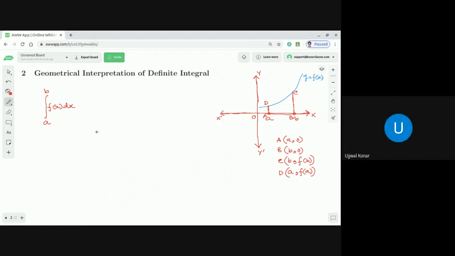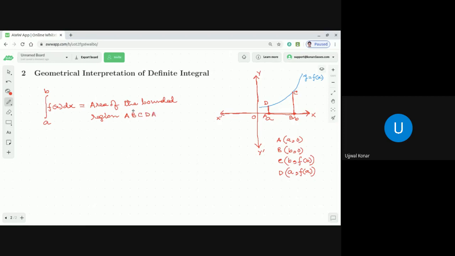Now, what is the geometrical interpretation of integration a to b f(x) dx? You know, dear students, it is the area of the bounded region capital A, capital B, capital C, capital D, again back to capital A, because it is a bounded one.